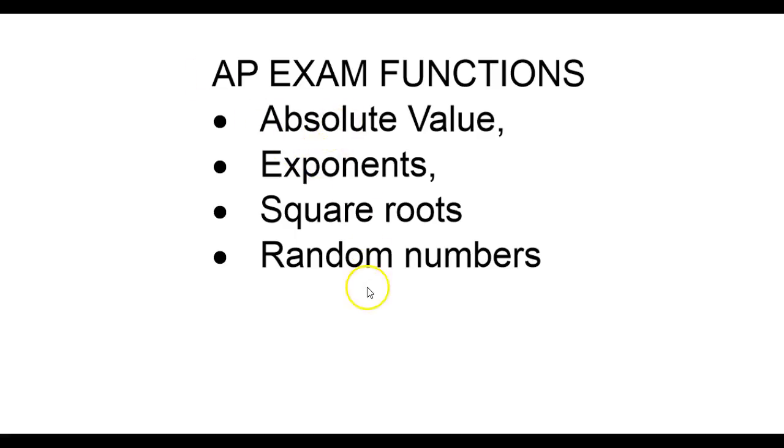So these are the math functions that you have to know for the AP exam: absolute value, exponents, square roots, and random numbers. There are many, many more math functions that are built into Java. We will probably use many other math functions than just this list of four. But these are the four that you have to know how to use for the AP exam.